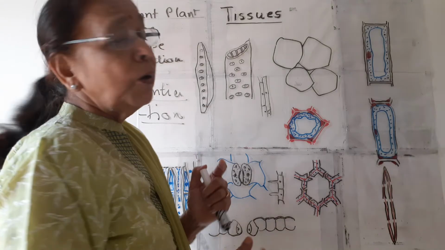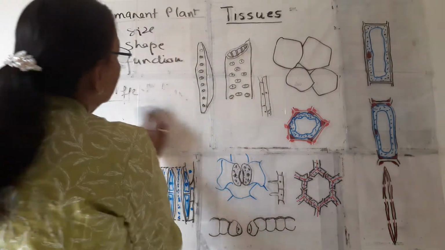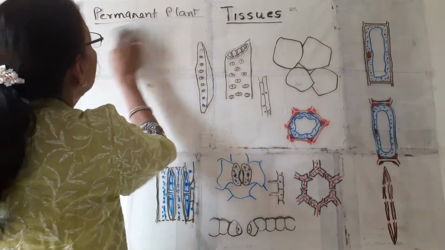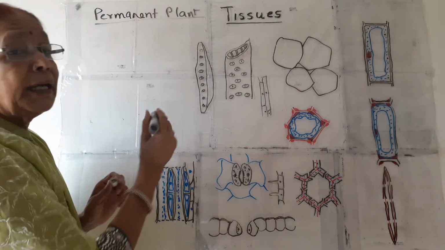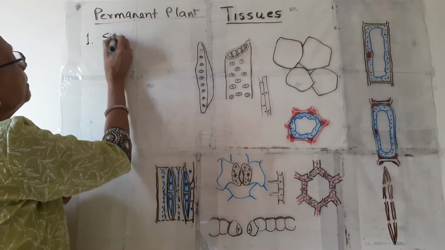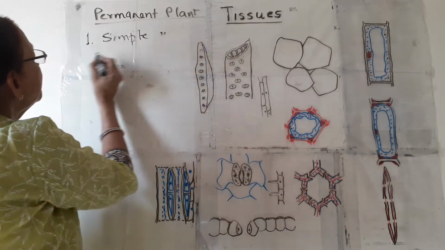So this is how permanent tissues are formed in plants. Now these permanent tissues are categorized into three main categories. First is simple permanent tissue.